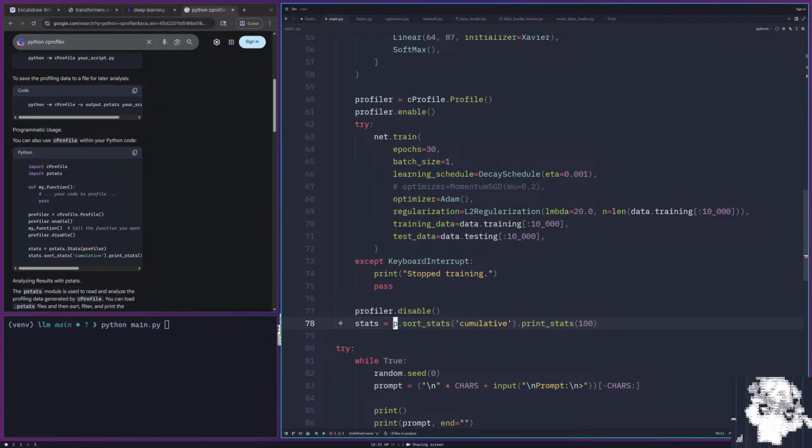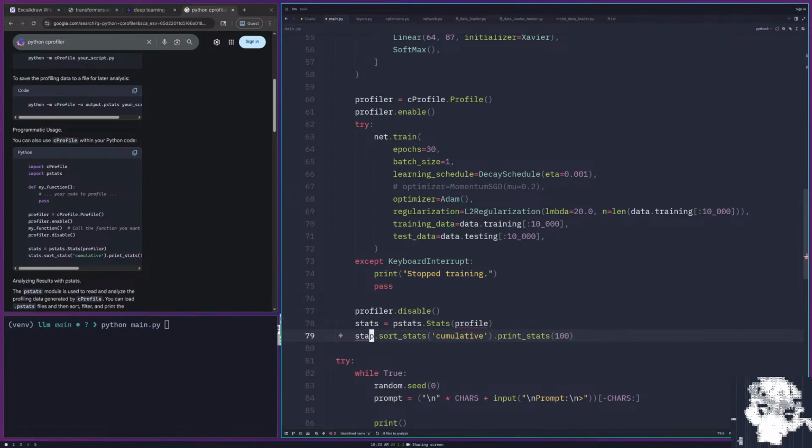Stats equals pstats.Stats, stats.sort_stats cumulative. Okay.